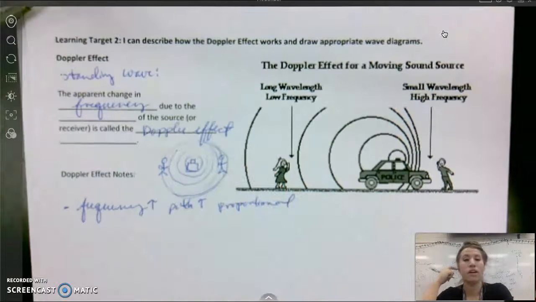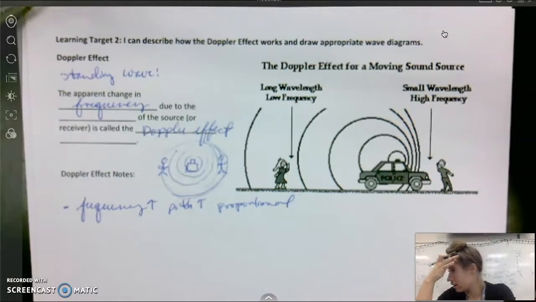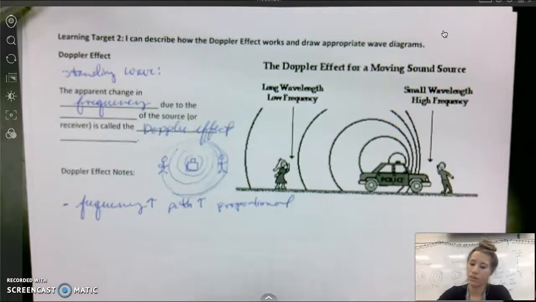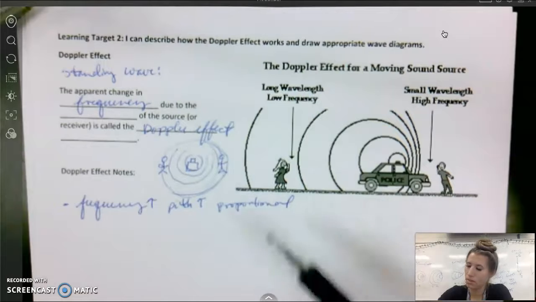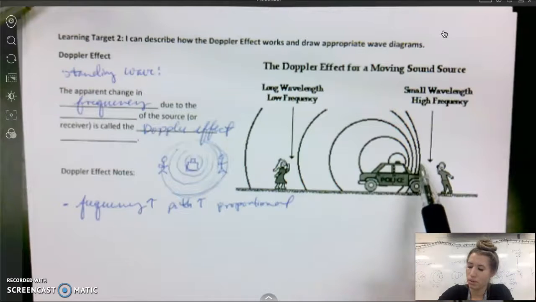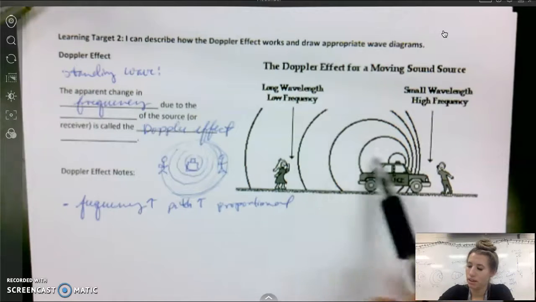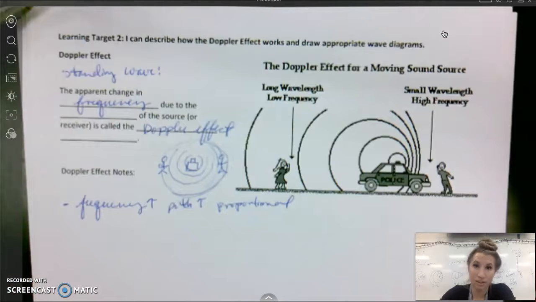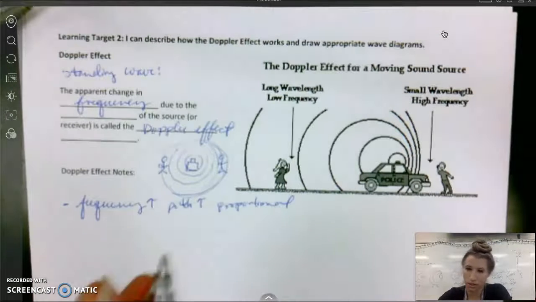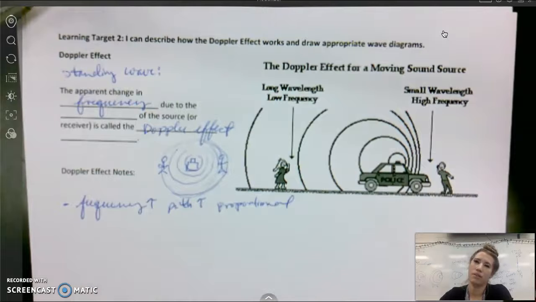Or vice versa, right? If pitch gets smaller, then frequency will be smaller. Okay, so when one goes up, the other one goes up. When one goes down, the other one goes down. When the object is now moving away, then on the other end, our wavelengths increase, and so we have less waves per given time frame, and so the frequency lowers, so the pitch lowers.